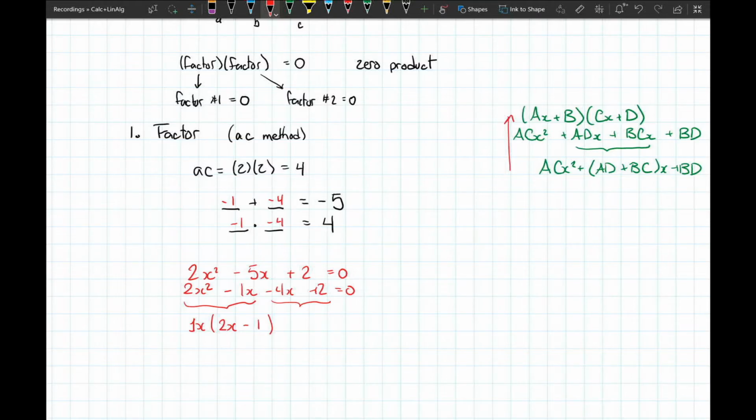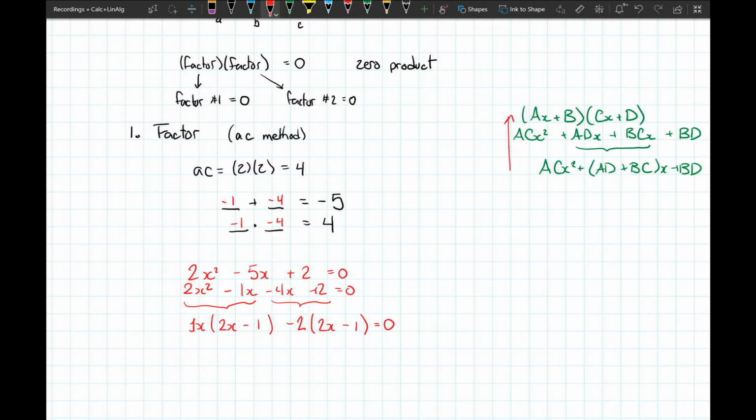Now, negative 4x and positive 2, the 4 and the 2 do have a 2 in common, so we can factor out a 2. And we can factor out a negative 2 if we choose. The good news is if we factor out a negative 2, then we end up with a positive 2x and a negative 1, which is the same linear factor that we just got when we looked at the first group.